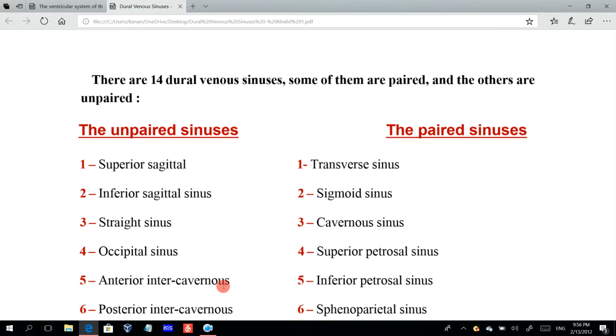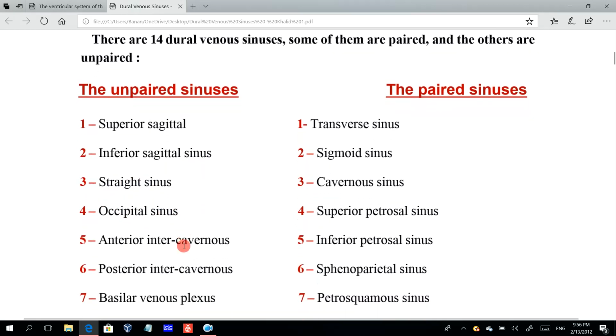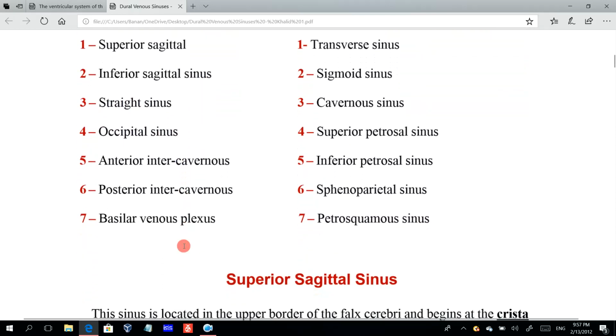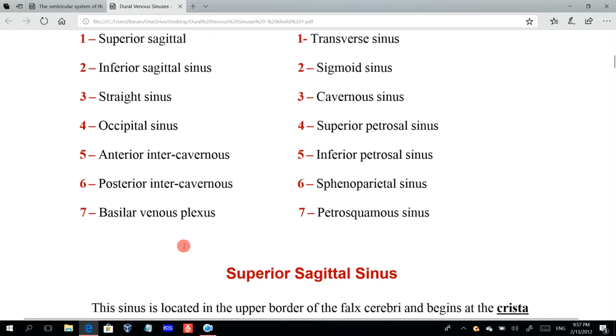The unpaired sinuses: we have the superior sagittal sinus, the inferior sagittal sinus, the straight sinus, the occipital sinus, the anterior intercavernous sinus, the posterior intercavernous sinus, and the basilar venous plexus or sinus.